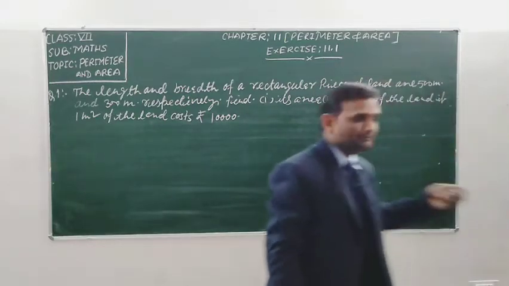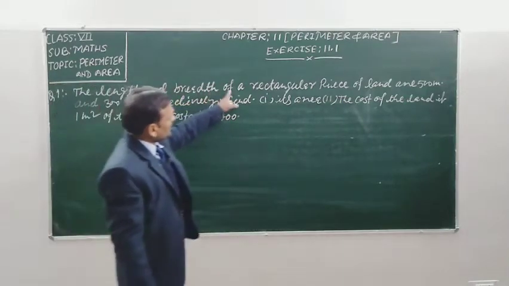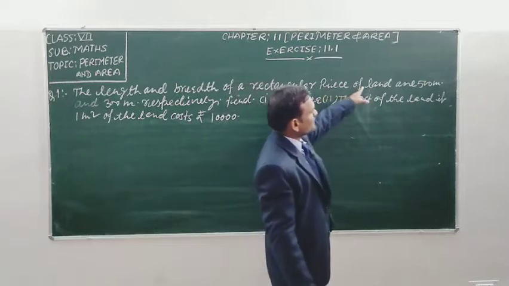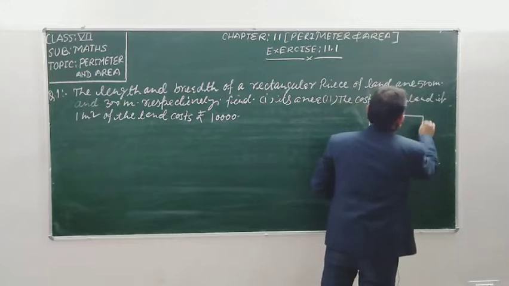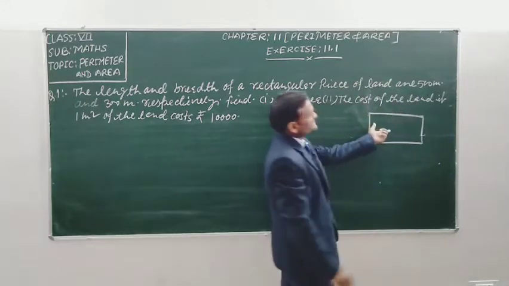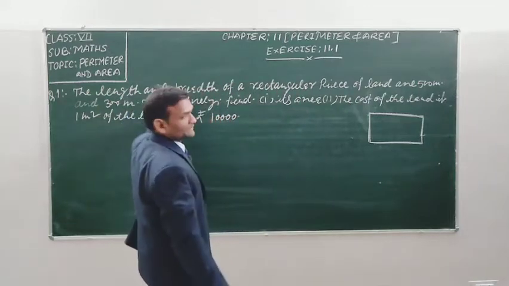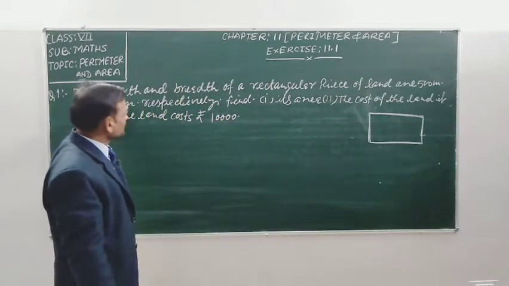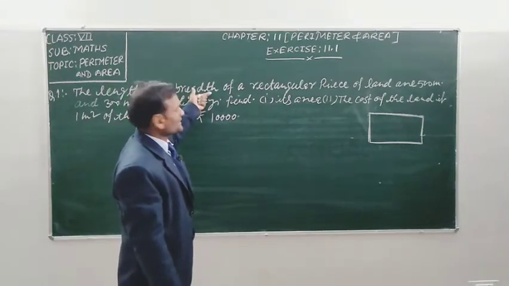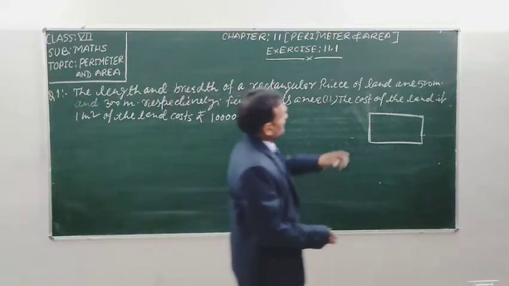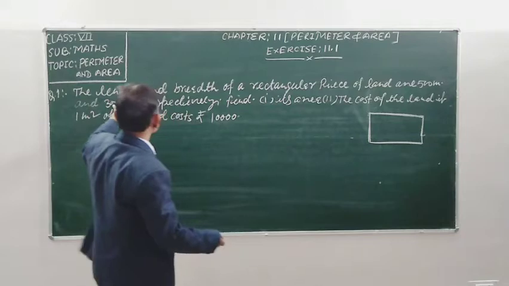This question is very easy. Firstly, try to understand the meaning of the question. The length and breadth of a rectangular piece of land. Suppose this is my rectangular piece of land. First length is written and second breadth is written. According to this, the length and breadth in numbers are 500 and 300.